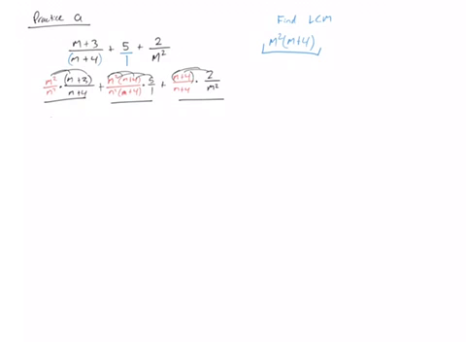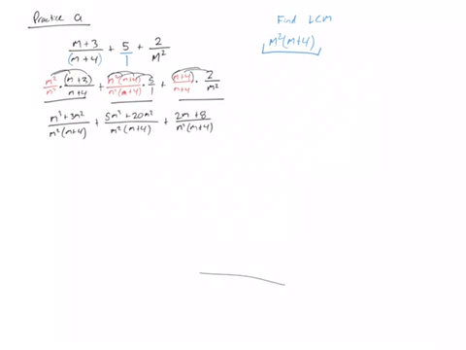So then my next line is going to be m cubed plus 3m squared over, and the denominator I'm just going to still leave in factored form, m squared times m plus 4, plus 5m cubed plus 20m squared over m squared times m plus 4, plus 2m plus 8 over m squared times m plus 4.